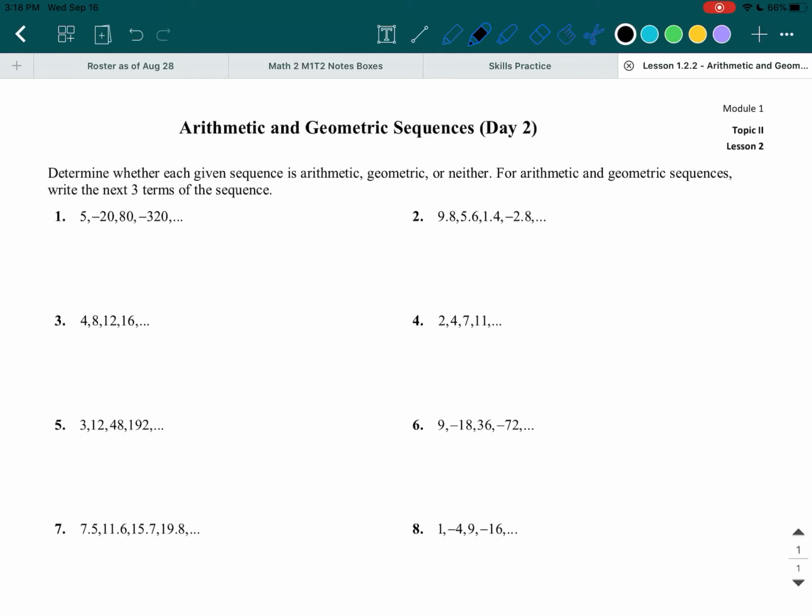Okay, so in order to determine whether a sequence is arithmetic or geometric, we need to remember what arithmetic and geometric mean. So let me remind you what arithmetic means. It means that in the sequence you are adding or subtracting the common difference.